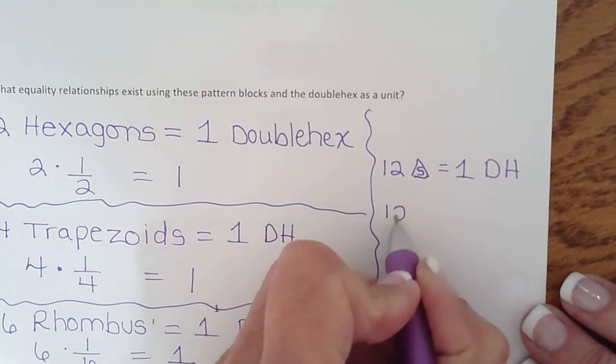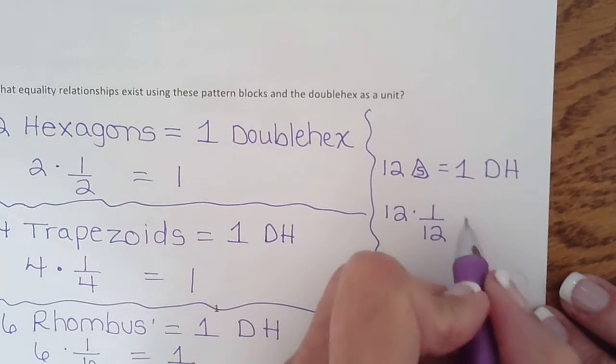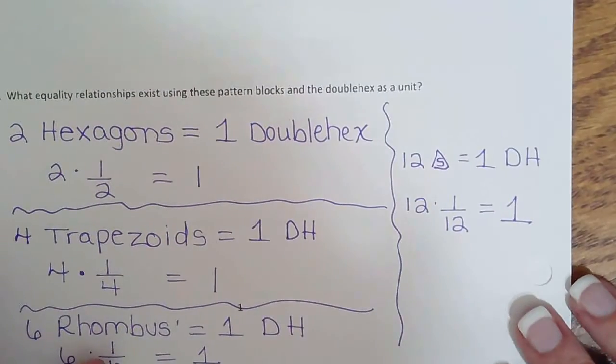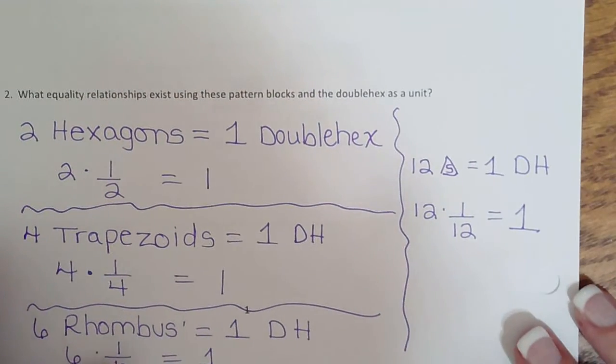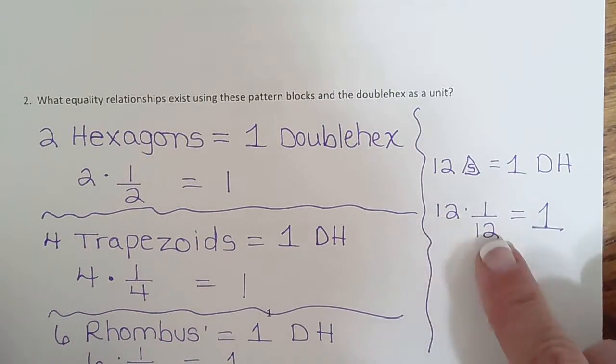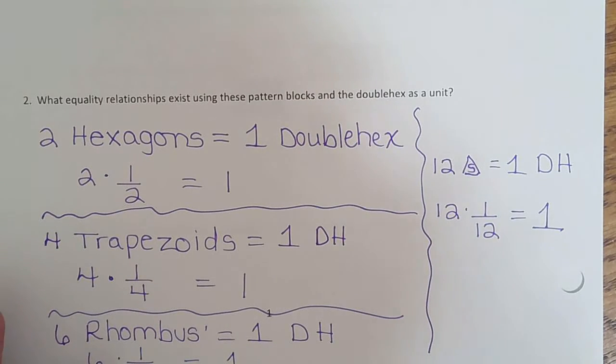So 12 times 1/12. If you have 12 copies of 1/12, you do indeed have the whole. So that would be called the equality relationships. How many make a whole? So if you multiply the fraction value times that many, you should get the whole.